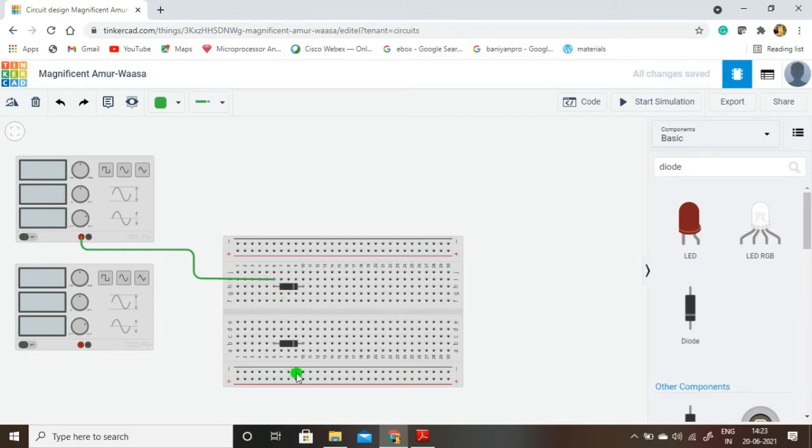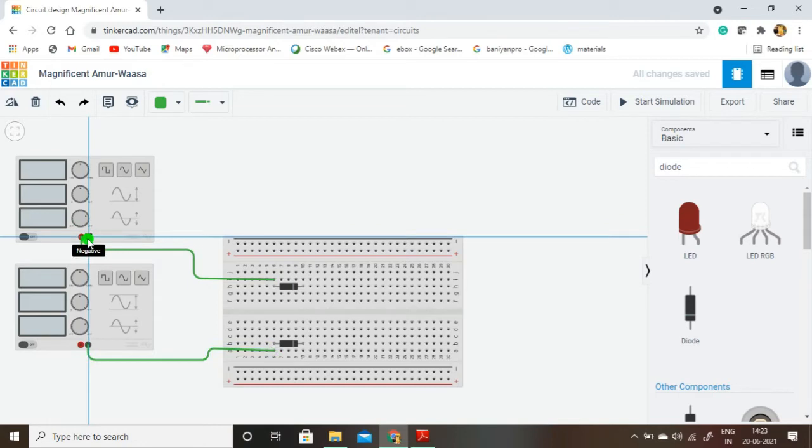This is the D1 diode. Okay, this is the D2 diode. Here the negative signal can be connected to this anode. Okay, this anode is to be connected from this negative terminal.